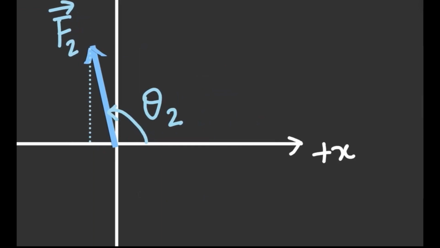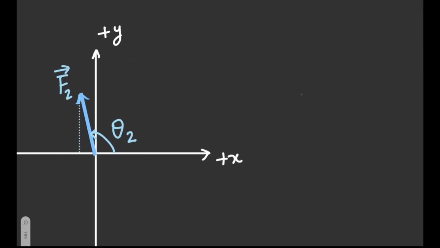Let me redraw it. So here we go. This is F2y, the vertical component. The hypotenuse is the length of the vector F2. And this horizontal line is F2x. So this is a 90 degrees angle.